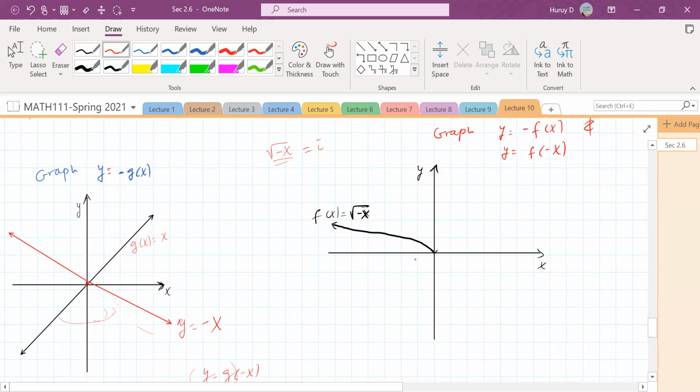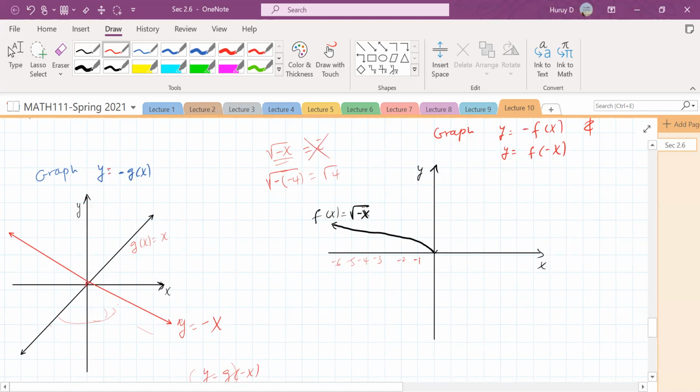So on the left side, the values of x are negative: -1, -2, -3, -4, -5, -6, right? And if you substitute one of these values in here, for example -4, then it becomes +4. So this is not i anymore. You don't have to worry about this negative here. It will still give you a real number, not an imaginary number.